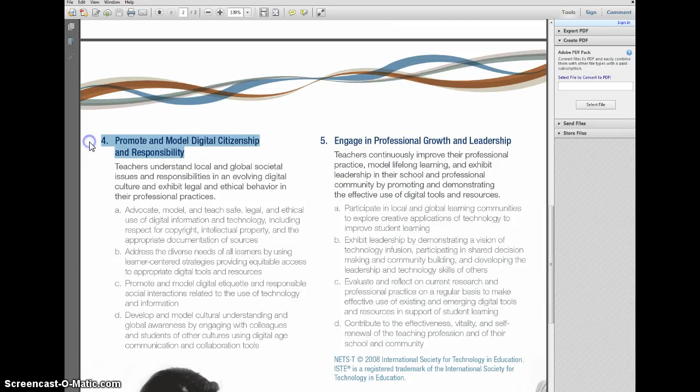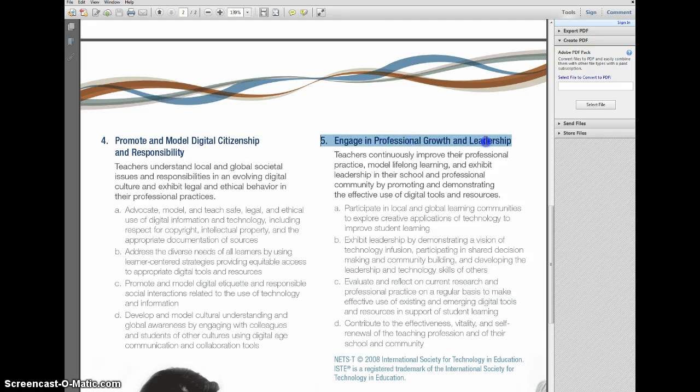Standard 4, promote and model digital citizenship and responsibility. As I mentioned in the discussion on the student standards, digital citizenship refers to the ethical use of technology, and teachers must not only teach their students how to be responsible digital citizens, but they themselves must also be responsible digital citizens.